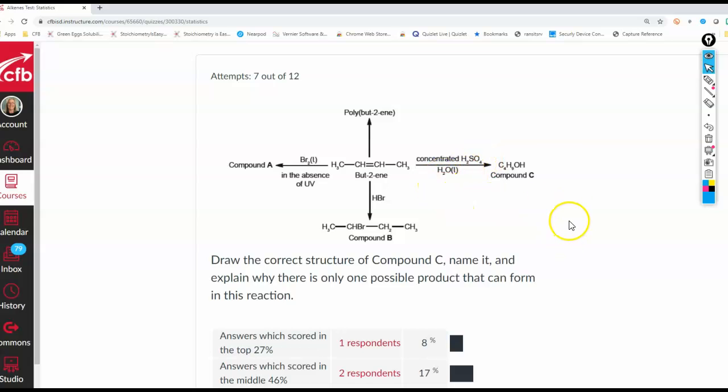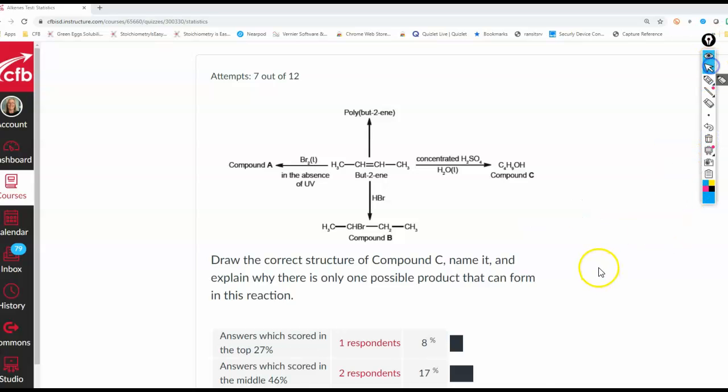Since compound C is formed from butene, and that is symmetrical, then the only thing that can form is the CH3, and one of these is going to be a CH2 where the H goes on, and then the other one, doesn't matter which one, is going to be CH, and it will have the OH or the alcohol added onto it, and then the last part is going to be CH3, and that should have been what you drew. And it didn't matter which one you drew it on because it comes out the same. And the reason why only one possible product can form is because it has a symmetrical reactant, butene.